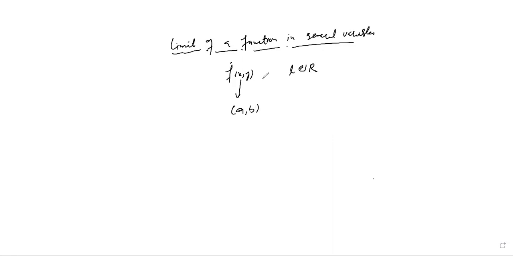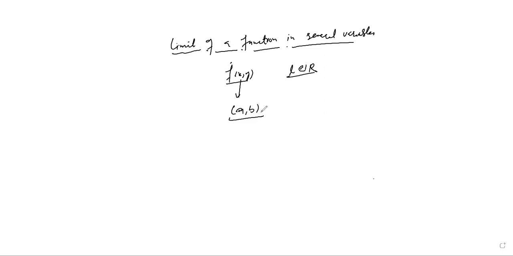So these are the three items that we need for defining the limit of a function in several variables. In these three we have to make a condition, and if that condition is satisfied, then we call that the limit exists.